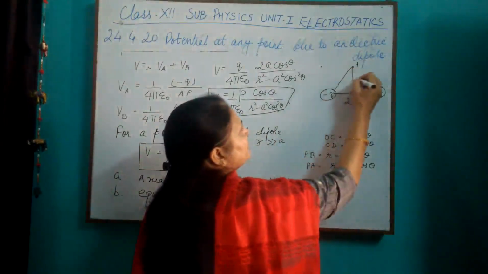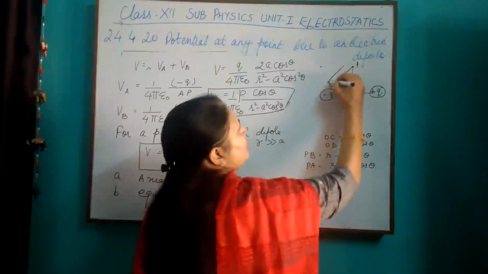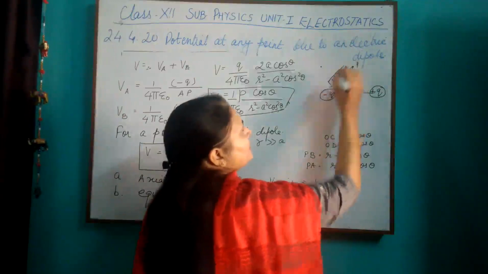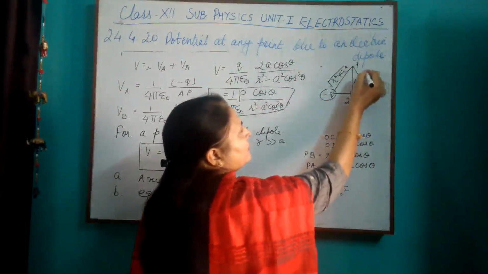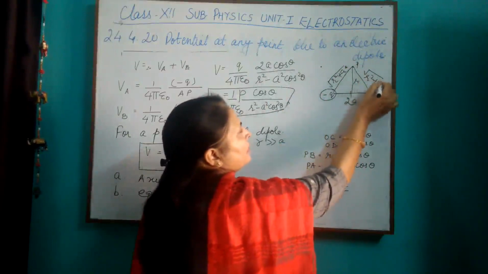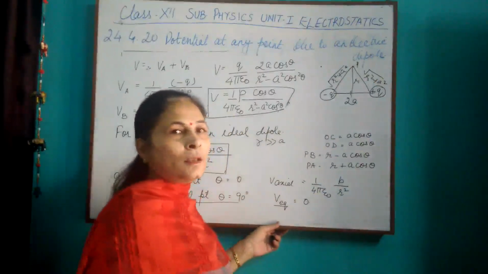This distance is under root r square plus a square. This distance is also under root r square plus a square.